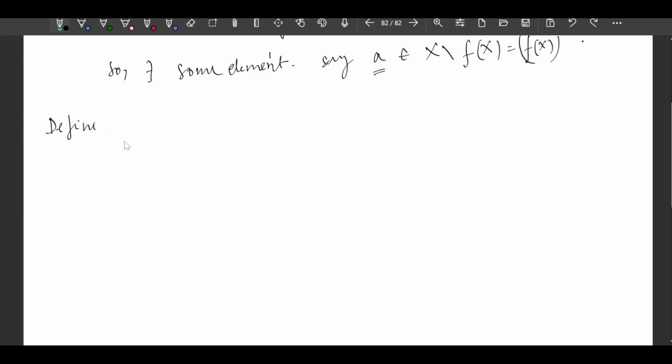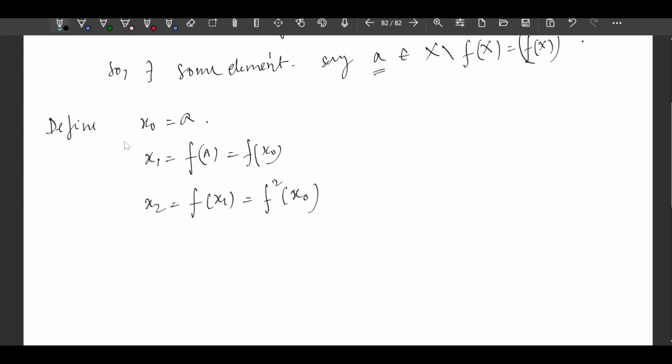Define, let's say, x naught equals a and x1 is f of a, that is f of x naught, right? And x2 is f of x1, that is f of f of a, so it is f square of x0, right?